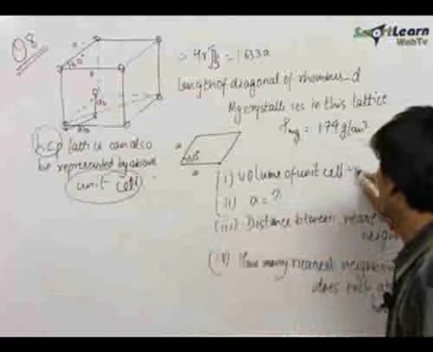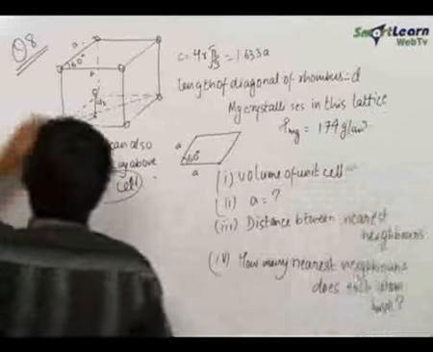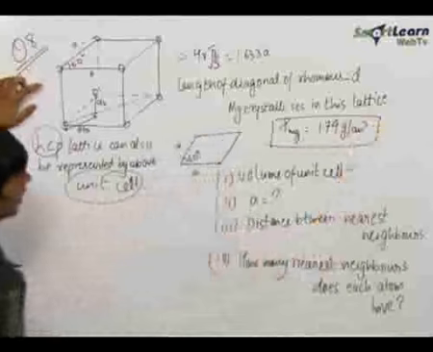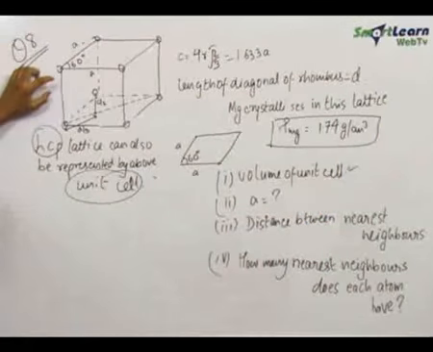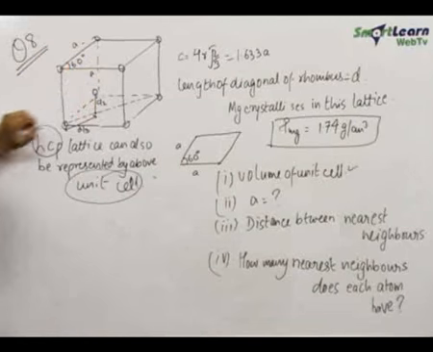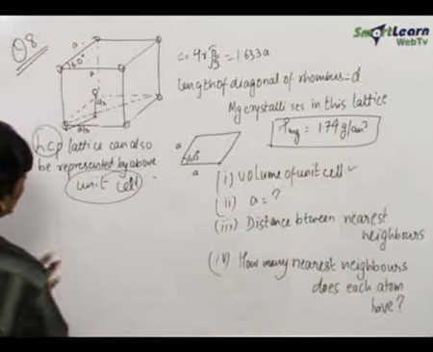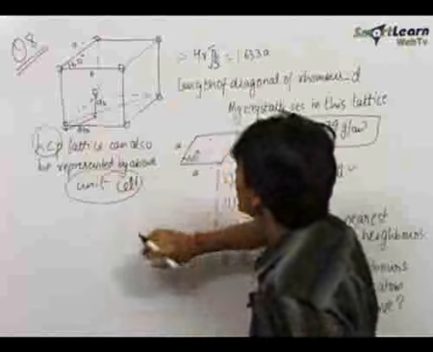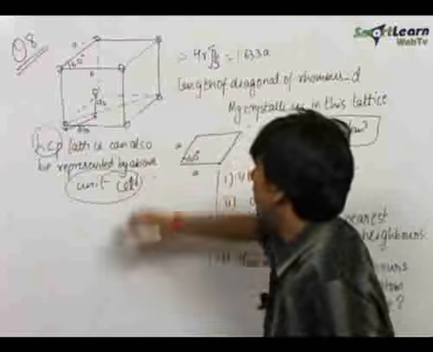to find out the volume of the unit cell first. Now to find the volume of the unit cell, we have already been given the density. Therefore, if we can find the mass of the atoms present in this unit cell, we can find the volume directly. So now let us find the contribution of each atom in this unit cell.